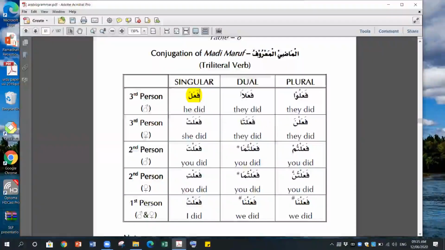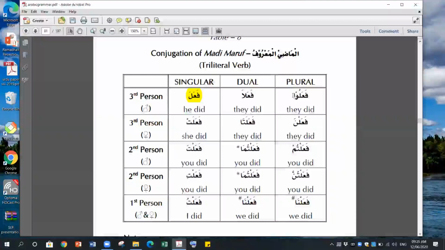Now, when it is dual, you just add one alif. Fa, ain, lam is the same, but we just add one alif and it becomes fa'ala. They did, both of them. They both did. And plural is fa'alu. We added waw and alif.